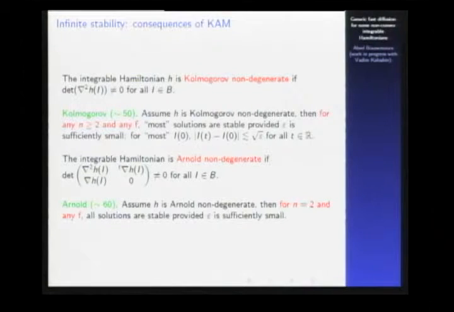Okay? So then you have a conclusion like this. This was proved by Arnold, still in the 60s. Assume H is Arnold non-degenerate. Of course there's a result for any n, but let me just say what is important from this: for n equals 2, and any f, all solutions are stable, provided epsilon is small enough. This means that all solutions satisfy this estimate, meaning the actions cannot vary a lot.